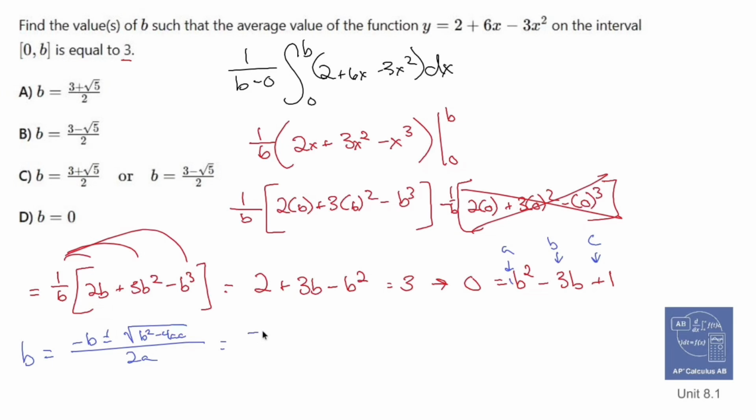That's going to give me negative negative 3 plus or minus the square root of negative 3 squared minus 4 times invisible 1 times regular 1 all over 2 times 1. So 3 plus or minus the square root, 9 minus 4 is 5, all over 2 times 1, which is 2. So I'm going to have 3 plus root 5 over 2, or also 3 minus root 5 over 2.